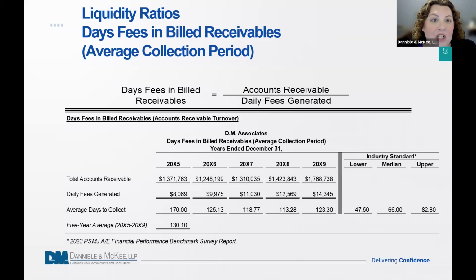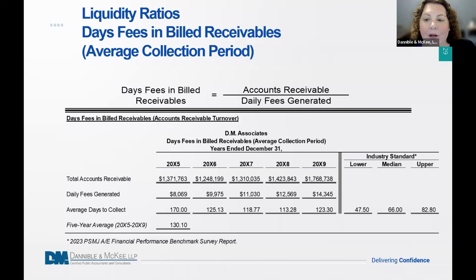This leads right into your days fees in billed receivables. This is just your accounts receivable divided by the daily fees generated. You will see accounts receivable on average is 130 days. You'd want to look at that, and it has improved, but industry standard is 66. So why is it taking us 130 days on average to collect?